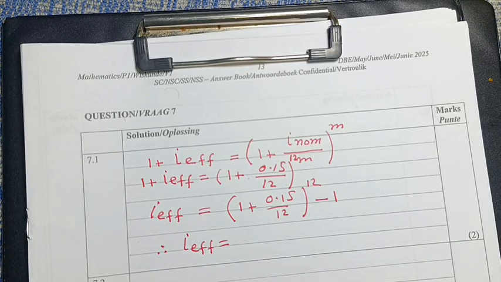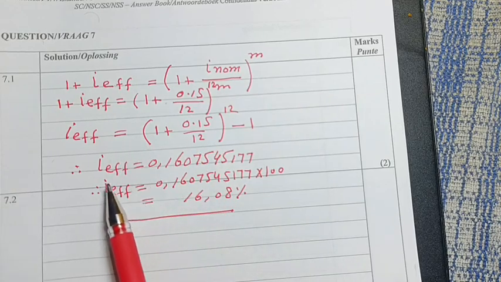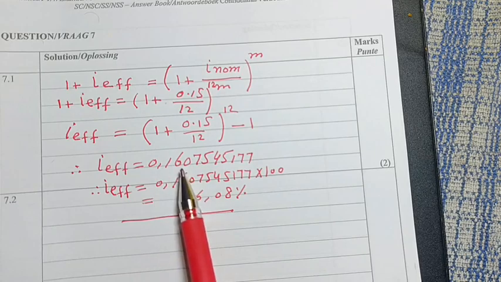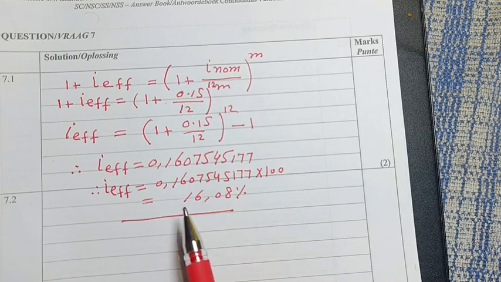You put everything in the calculator one time and solve the question. So this is the effective interest rate. Now I'm going to multiply by 100 because I want the answer in percentage. So the answer is 16,08%. This is my final answer, the effective interest rate.